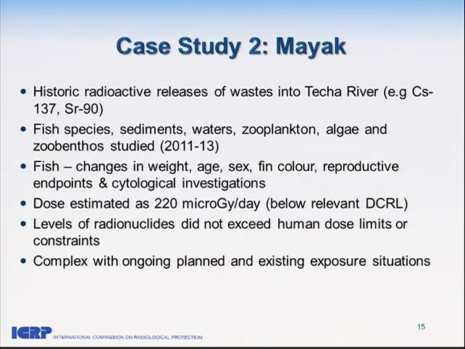And the fish were showing impacts at dose rates of around 0.2 milligrams per day. That's actually lower than the numbers we were interested in for the DCRLs. So in this context, we've got numbers for the fish where we know we have impacts, but they're lower than the DCRLs that we're using as our bands of protection.